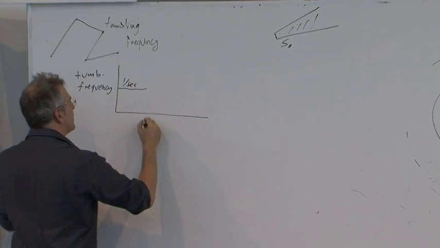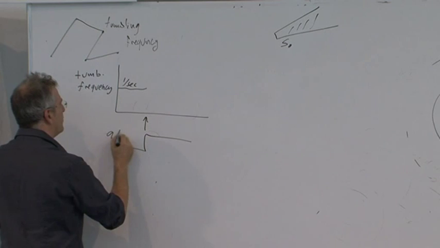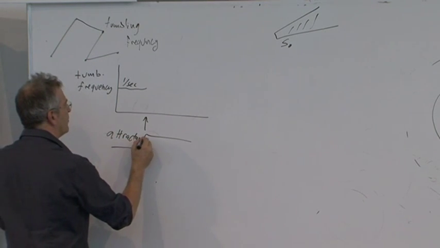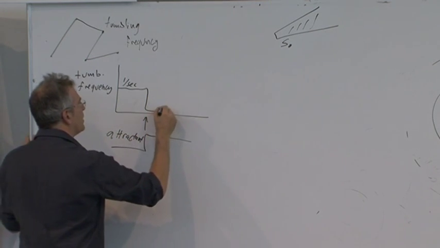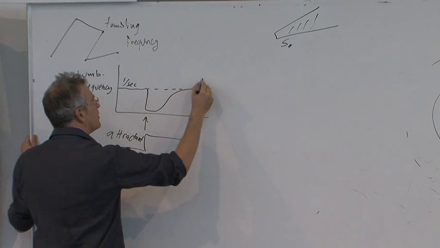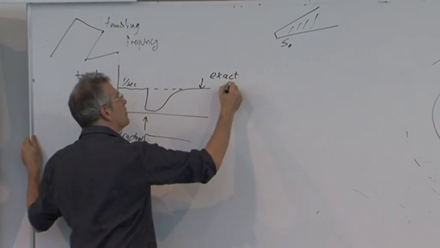And if at this point I put in a step of attractant uniformly in space, the bacteria stop tumbling for a while and then they adapt.